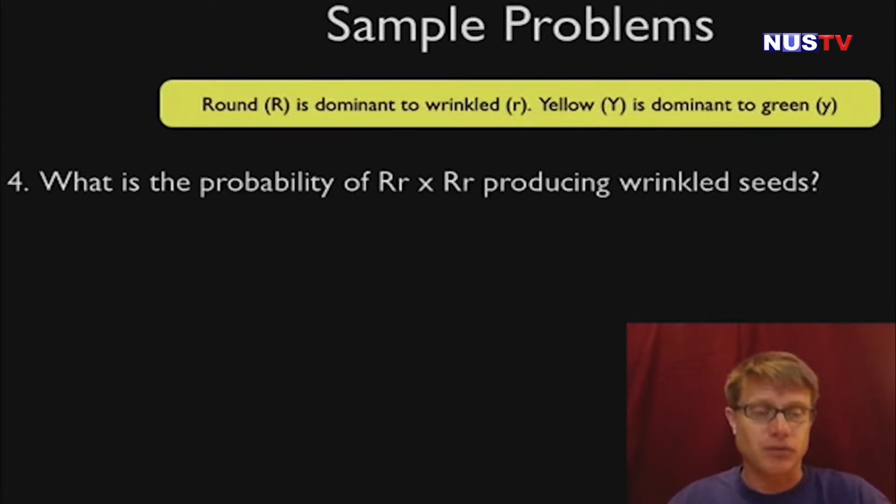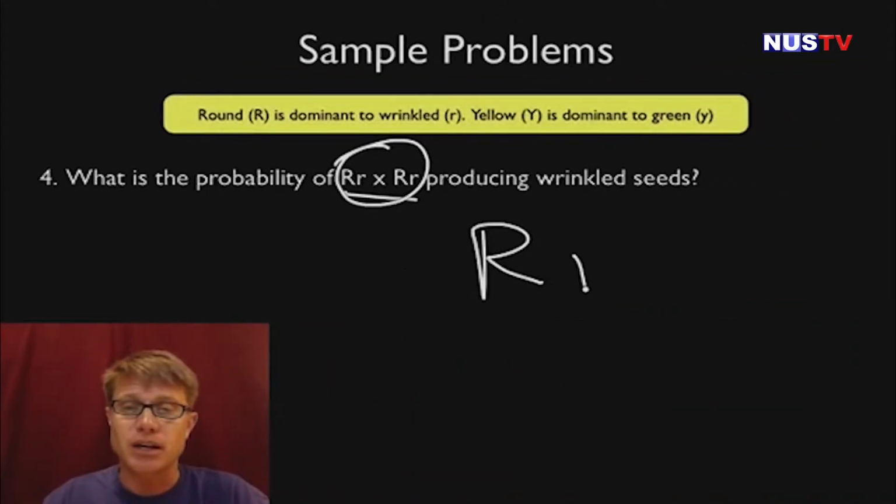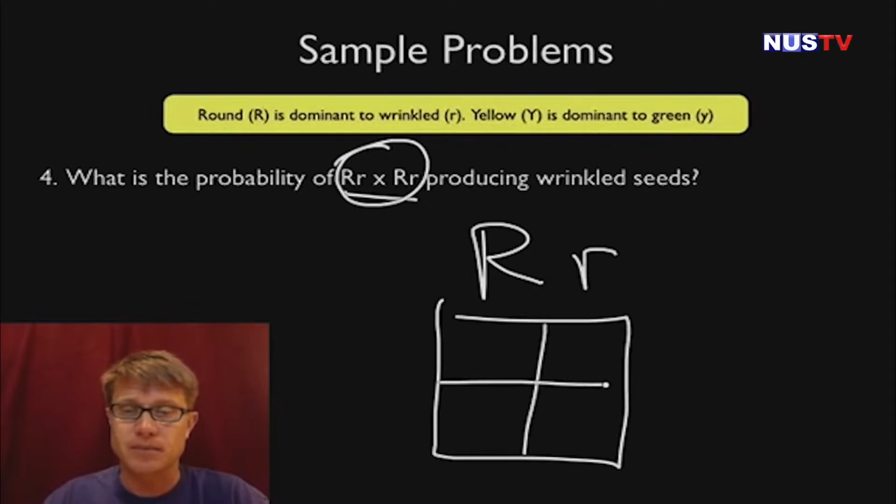Let's look at the next one, number 4. What's the probability of this cross? So we have 2 round seeds producing wrinkled seeds. Well, like I said before, if you ever get one of these, it's a simple monohybrid cross. I would always do a Punnett square. And so we'd put big R and little r on one side of my Punnett square, big R, little r on the other side.